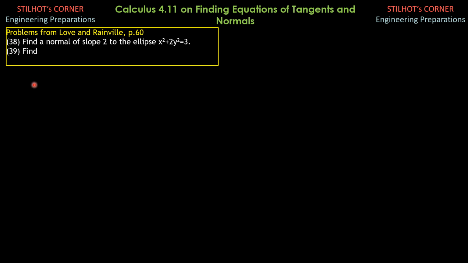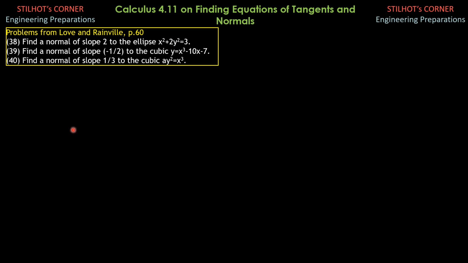So for problem 38, find a normal of slope 2 to the ellipse x squared plus 2y squared equals 3. You may draw the ellipse with semi-major axis on the x-axis, square root of 2, and semi-minor axis 1 on the y-axis, center at the origin.